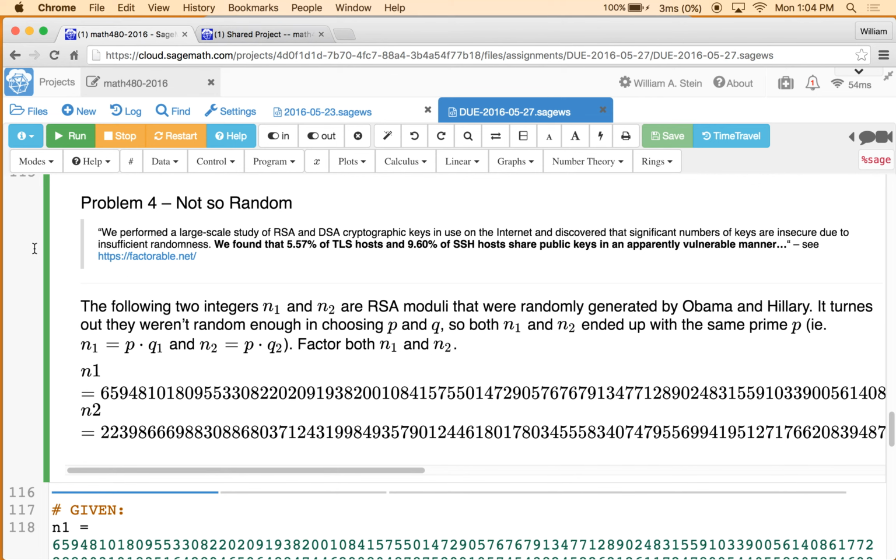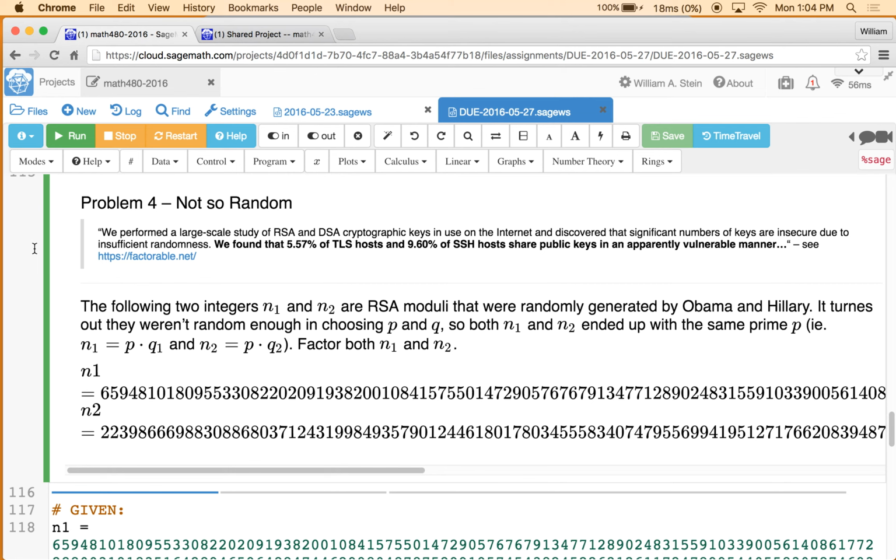And it turns out that if you look at tens of millions of these, because of stupidity in how they're generated, often when you take the GCD of two of them, you find that they have something in common. And if you have two numbers of the form p times q, and they have a non-trivial GCD, people are in deep trouble, because you've just found one of the factors of the two numbers.